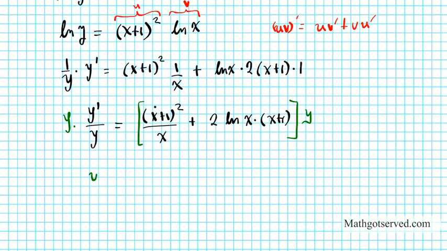This y cancels out, so we have y prime equals a quantity x plus 1 squared over x plus 2. Now I'm going to move this x plus 1 quantity to the right side so we don't think it's an argument for the natural logarithm. So 2 times x plus 1 times ln x multiplied by y.